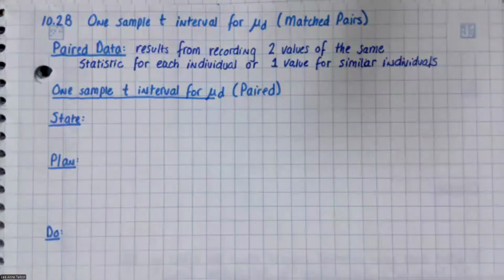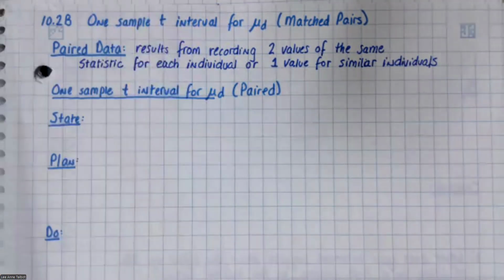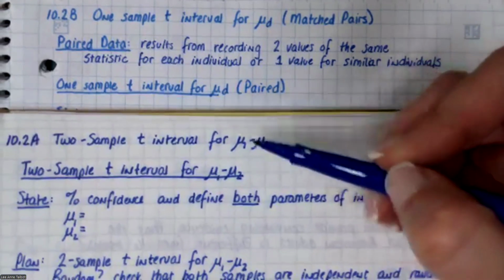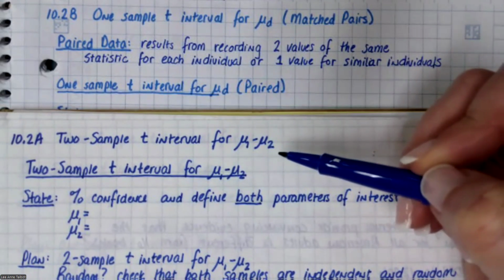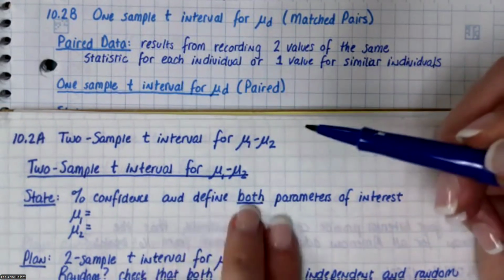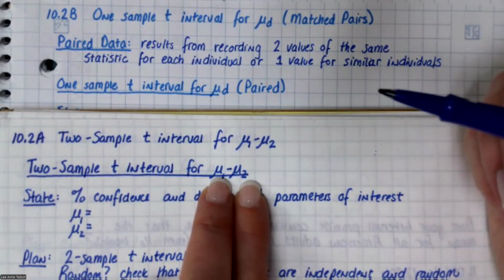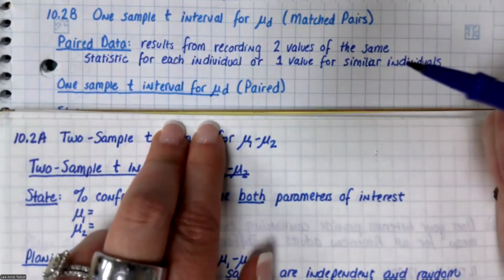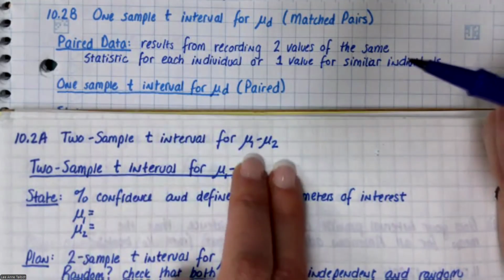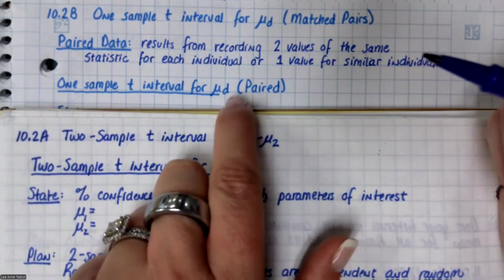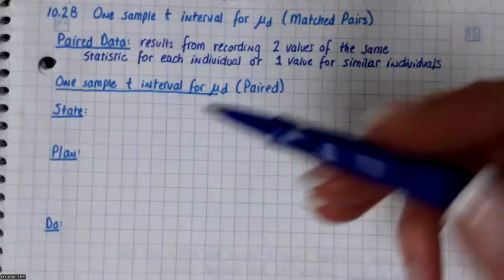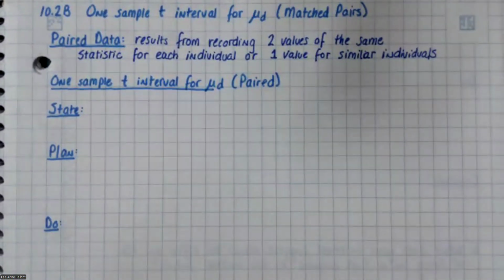And I really want to make sure that you see the difference between mu d and mu1 minus mu2. Okay, these are two completely separate independent samples. And these ones are paired up, and you're going to end up with just one set of numbers. There's two sets of numbers. It's going to be one set of numbers after you subtract. Okay, so just have to keep your eye out for which is which.